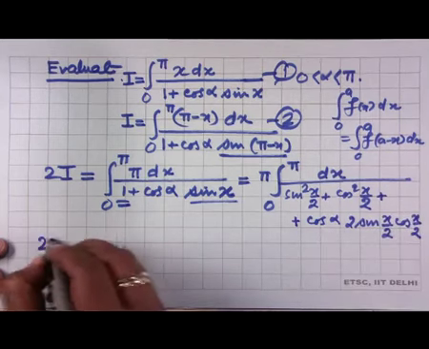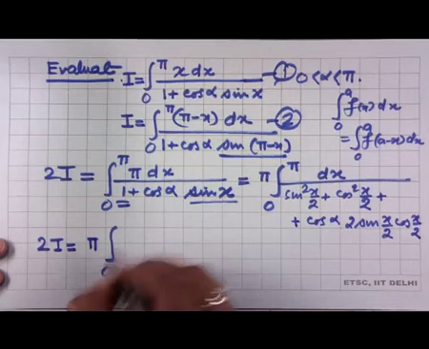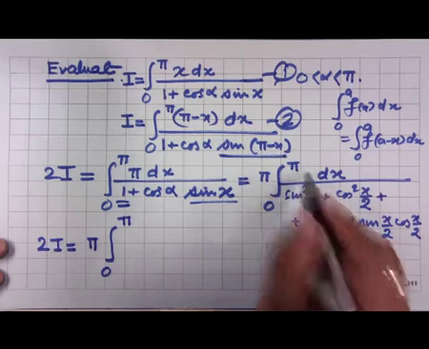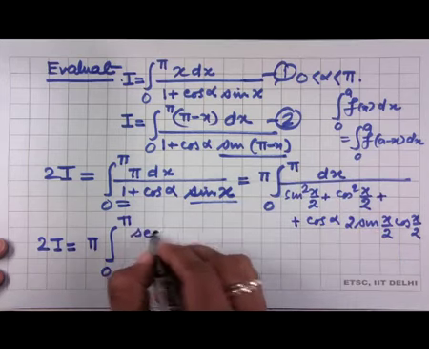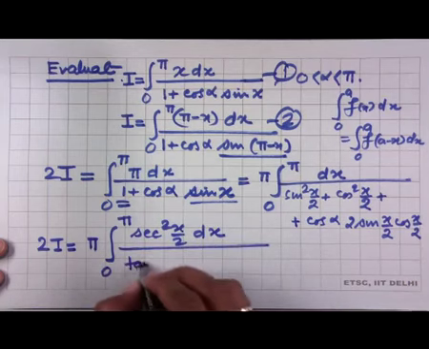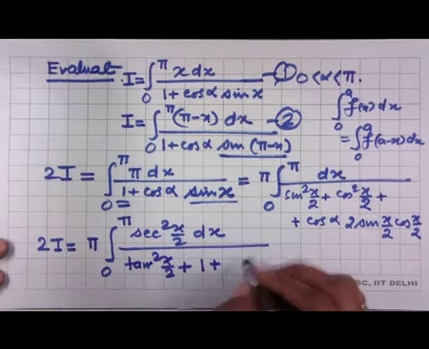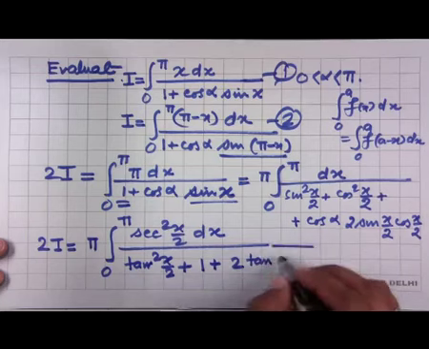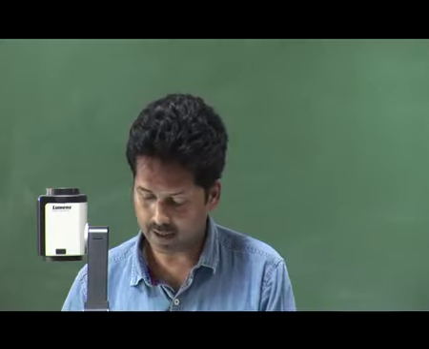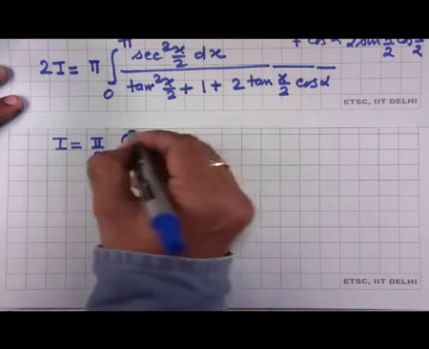So therefore 2I is equal to pi times integral 0 to pi. If you divide by cos square x by 2 throughout in the numerator and denominator, you get sec square x by 2 dx by tan square x by 2 plus 1 plus 2 tan x by 2 cos alpha. So this we can write as I is equal to pi by 2 integral 0 to pi.